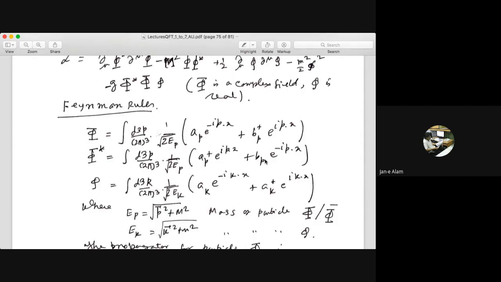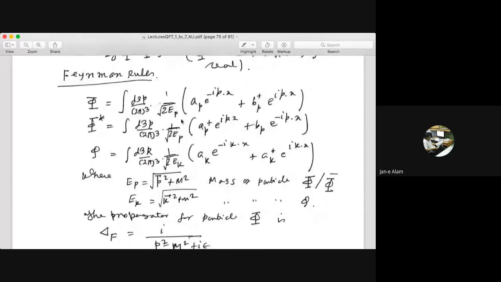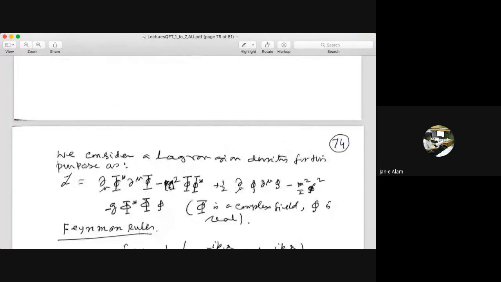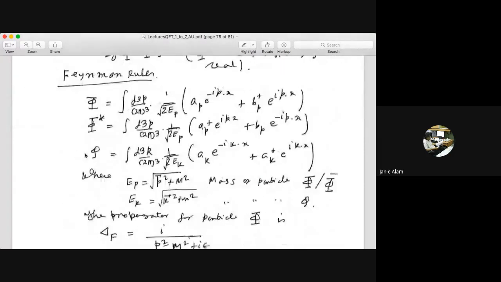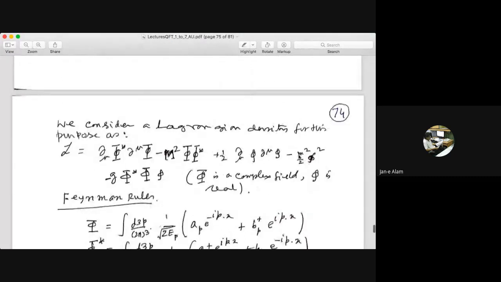But the scalar field small phi is a real field, it is its own antiparticle, so there is no distinction. And this E_p, the energy of this capital phi, should be root of p squared plus capital M squared, because in the Lagrangian I have taken capital M. The small phi energy E_k will be root of k squared plus m squared, because for the small phi field I have taken a small m mass.